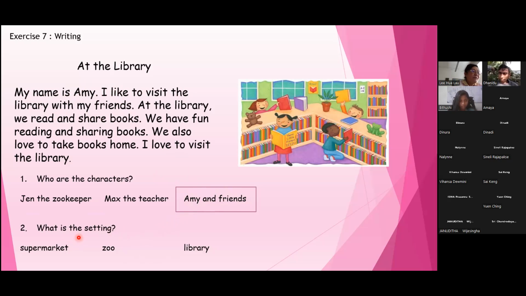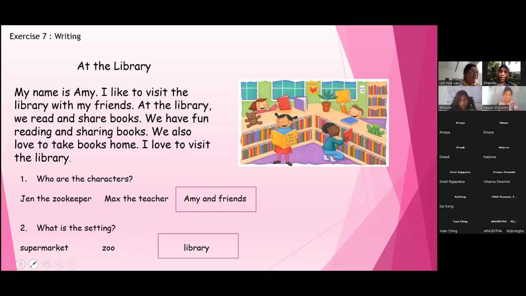Okay. What is the setting or where is the setting? Library. Yes, library. Okay, very good. Now, if you were to give me a time of when it took place, what would it be? When do you think the story took place?